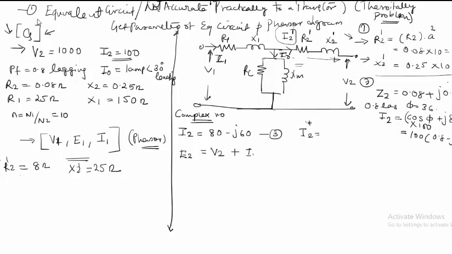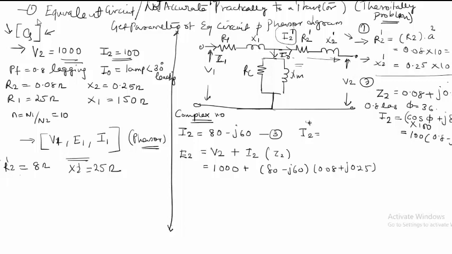So again my I2 into my impedance Z2, so E2 is equal to 1000, which was my secondary voltage, plus I2, which is 80 minus J60, into my Z2, which is 0.08 plus J 0.25.